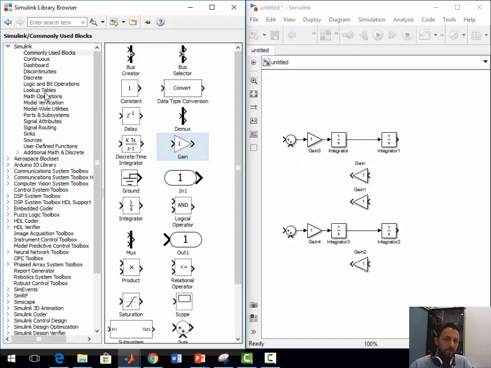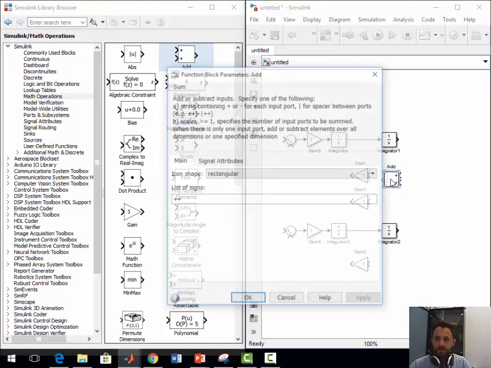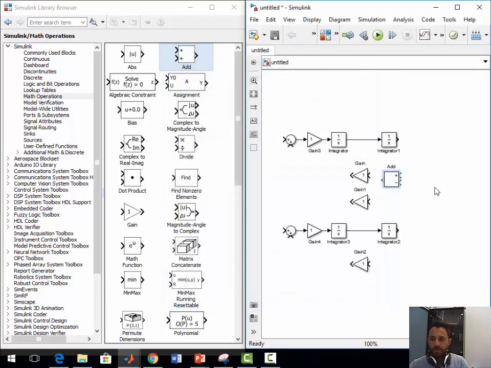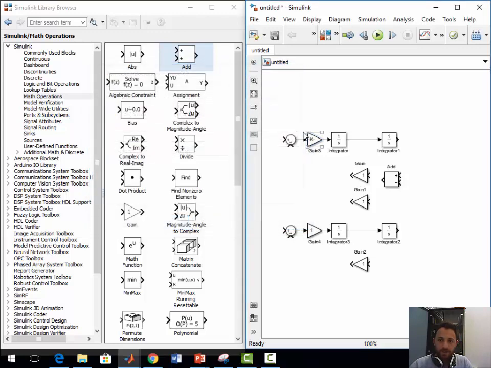We can go to math operations. We have the add block, double click, minus, apply, which is equal to 1 over m1. Let's zoom in in order to see inside the block.